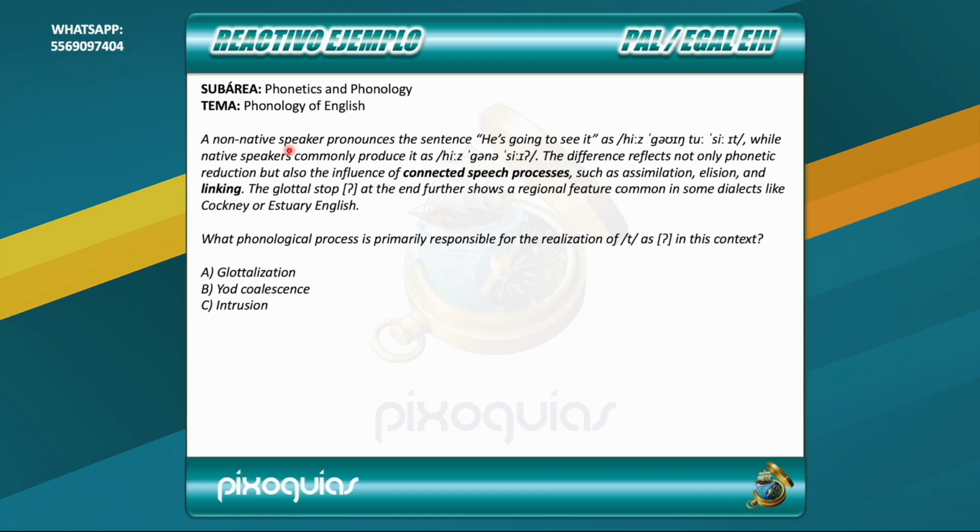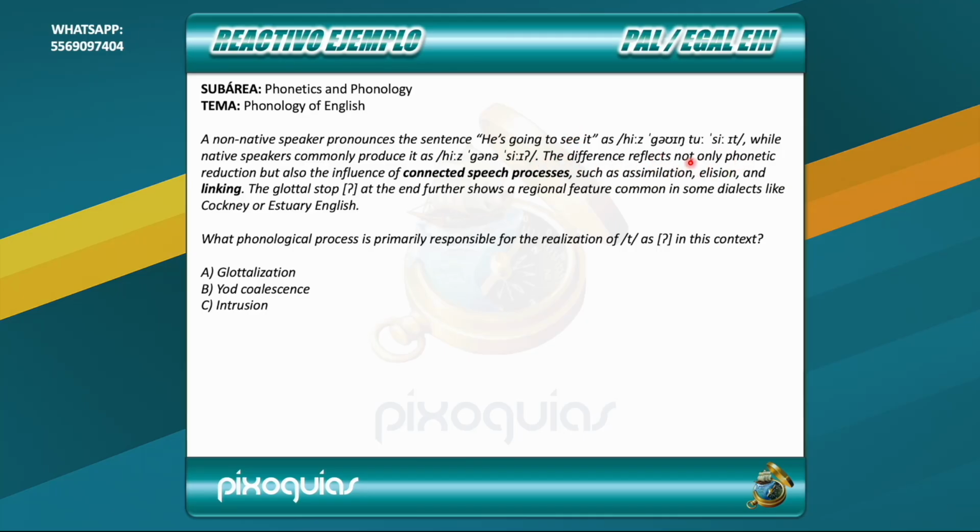Here we have an exercise from phonetics and phonology with the topic phonology of English. A non-native speaker pronounces the sentence, "He's going to see it," as "he's to see it," while native speakers commonly produce it as "he is."